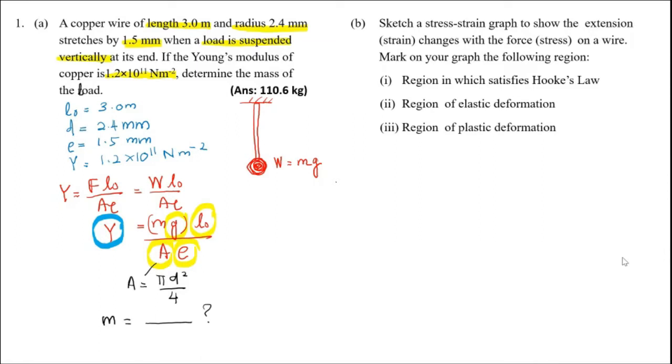The first is the region which satisfies Hooke's law, then regions of elastic deformation, and lastly we are supposed to mark the regions of plastic deformation. First we need to sketch the graph.